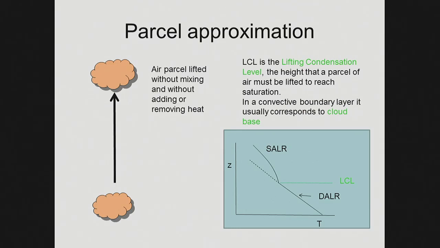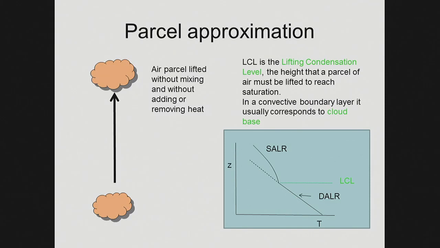So here's my diagram again. I've shown this diagram in a previous lecture, temperature and height along the y-axis. This is the temperature of the parcel as it's lifted. It falls with the dry adiabatic lapse rate until it reaches saturation. That point is called the lifting condensation level, the height that a parcel of air must be lifted to reach saturation.